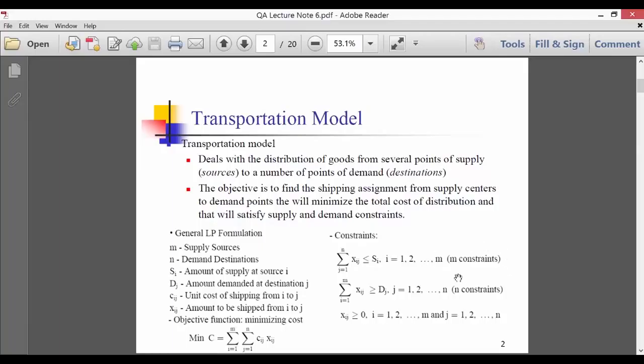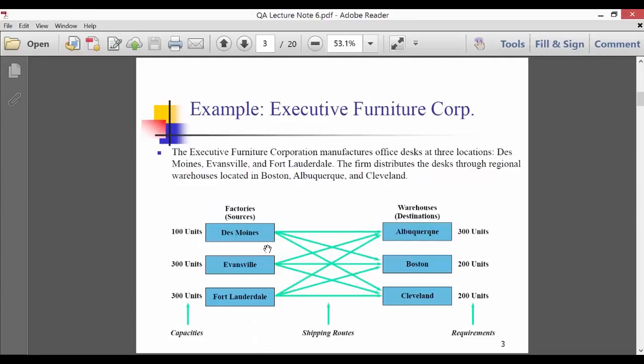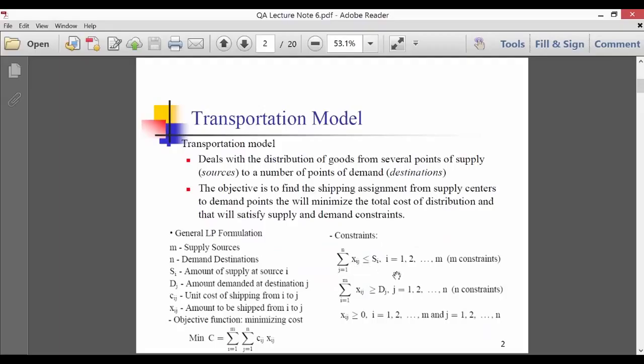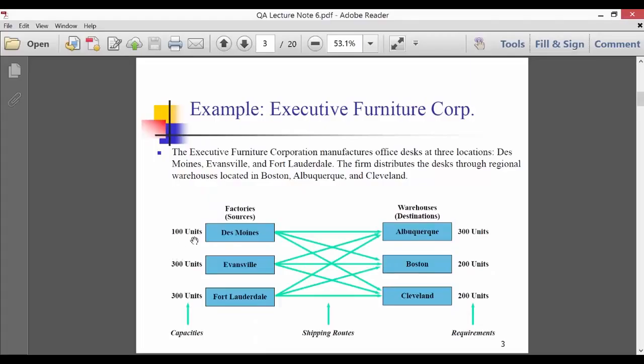Okay, we already mentioned that there are two groups of constraints. One group is the constraints set by the capacities. In our case, we have three facilities, so there are three equations, which we expand to be x sub 11 plus x sub 12 plus x sub 13 should be less than or equal to 100.